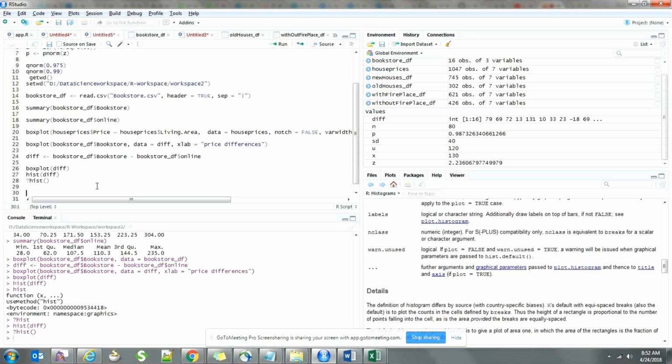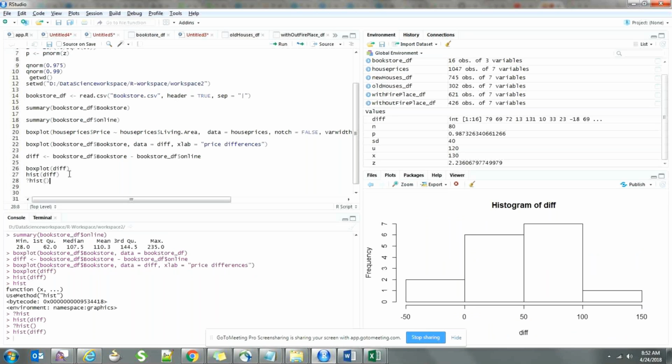Z or T critical value? T, right? You have to get the T critical value, right? You have to get the qt. qt for your, what is the sample size? 16.